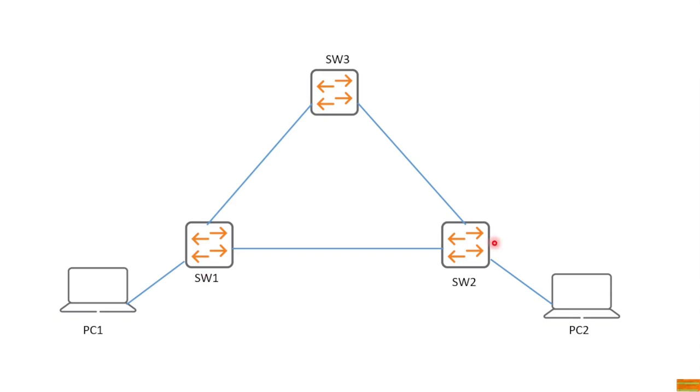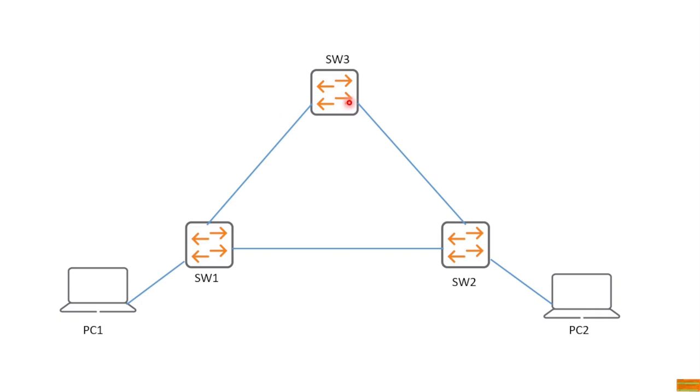So then switch 2 also does the same. So it is sending the broadcast traffic here and to PC2.